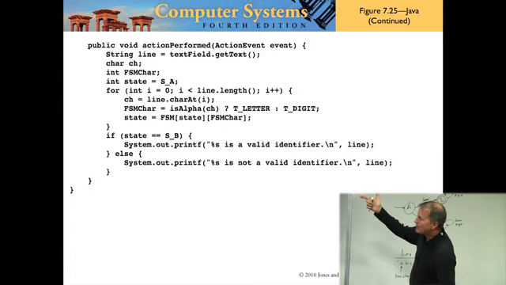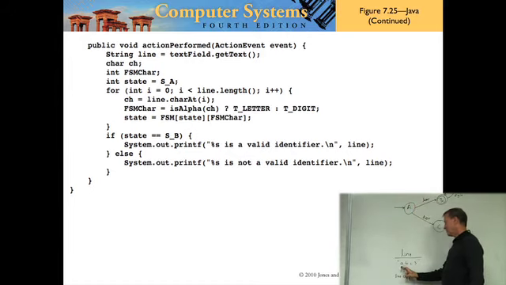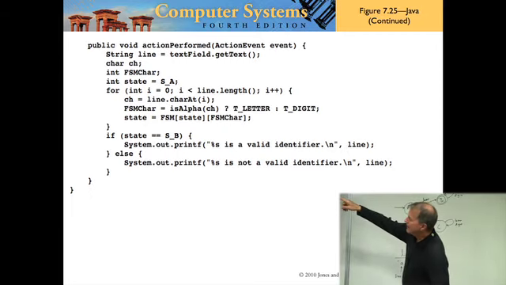For int i gets 0, i less than line dot length, i plus plus. So what does that do? Boom, boom, boom, boom. That loops through this whole thing, right? So 0, 1, 2, 3. And then CH gets line dot charAt.